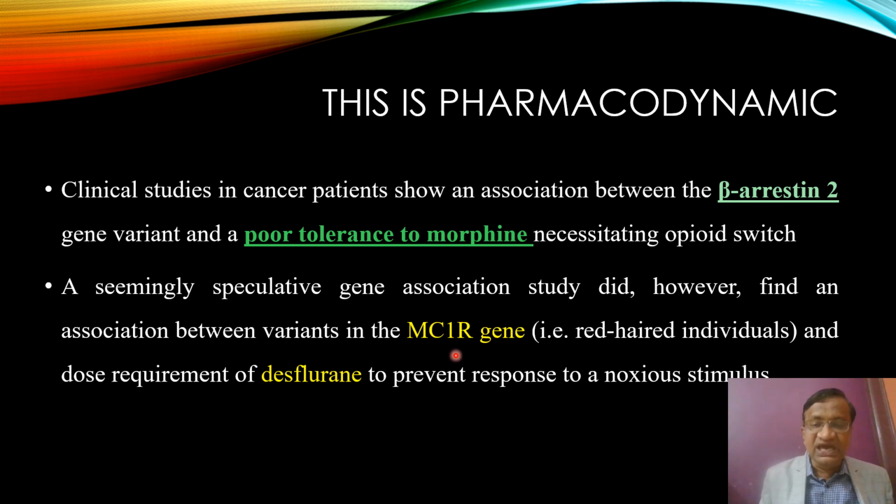If there is an MC1R gene, then the dose requirement of desflurane may change. So these are all pharmacodynamics and gene variants. With beta-arrestin 2 or MC1R, there is a change in the pharmacodynamics of morphine and desflurane.